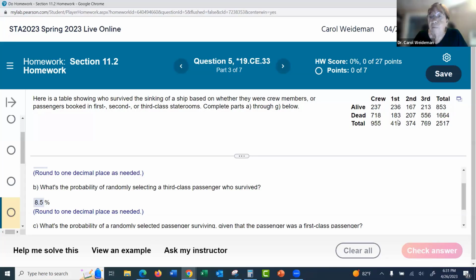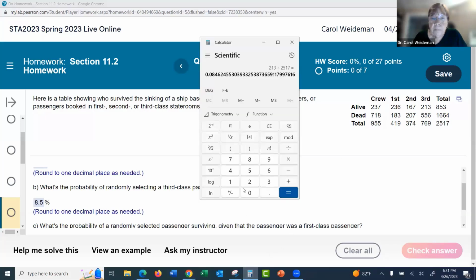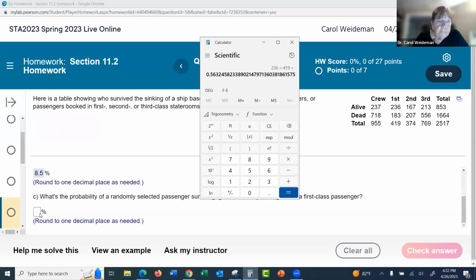So we're going to focus on the 419, and how many of those survived? 236. So we're going to take 236 and divide by 419. I think they want a percent again: 56.3%.